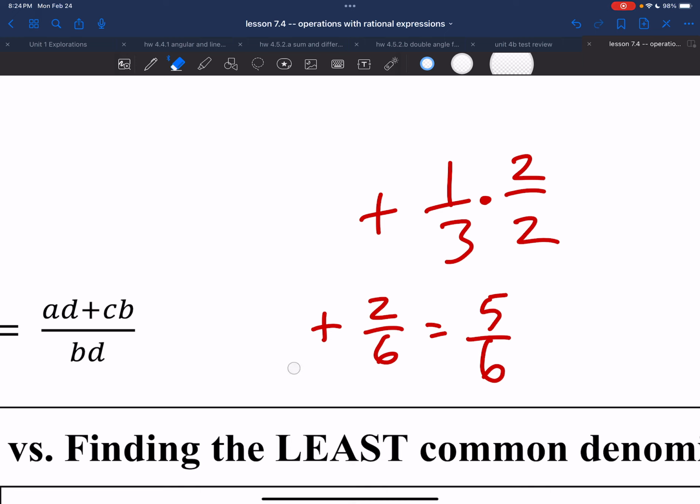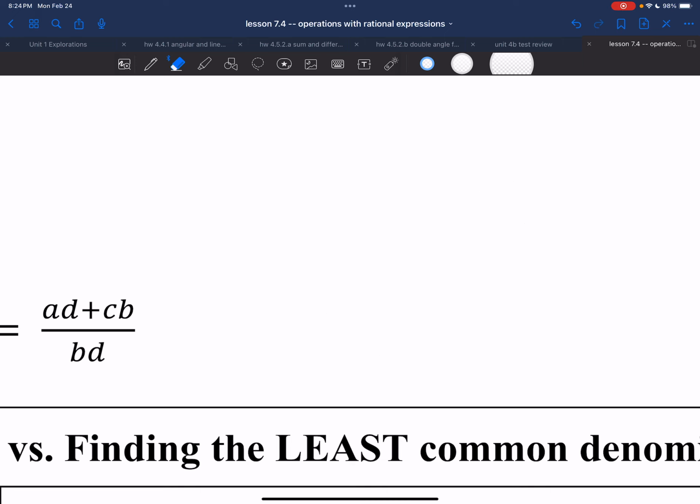Now, what if you had, and I'm spending time on this for a reason, because we're getting to rational expressions, and how you really think about these is going to help you be efficient in your algebraic solving. So suppose I wanted to do 1/9 plus 1/6.